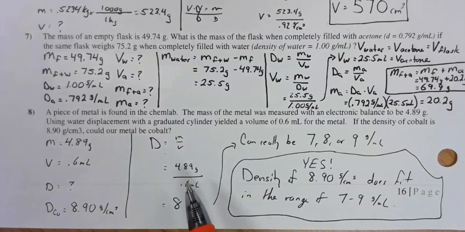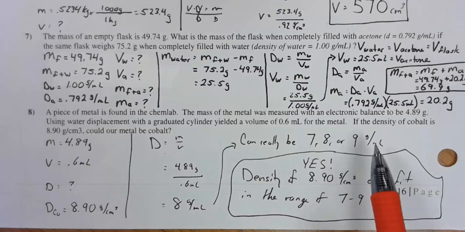We have that uncertainty. In 4.89, that 9 is the uncertainty. The 0.6, that's the uncertain digit. It could be either 0.5, 0.6, or 0.7. So when we get our final answer, it has to have some leeway to it as well. That's how we get 7, 8, or 9, since there's only one sig fig here.